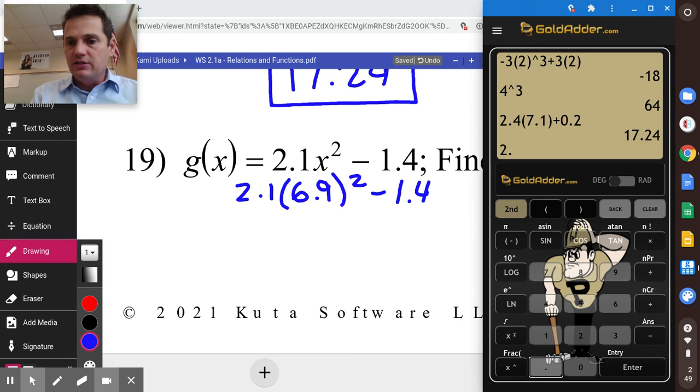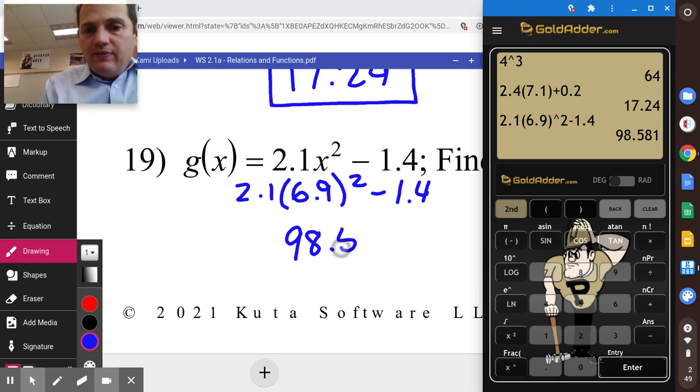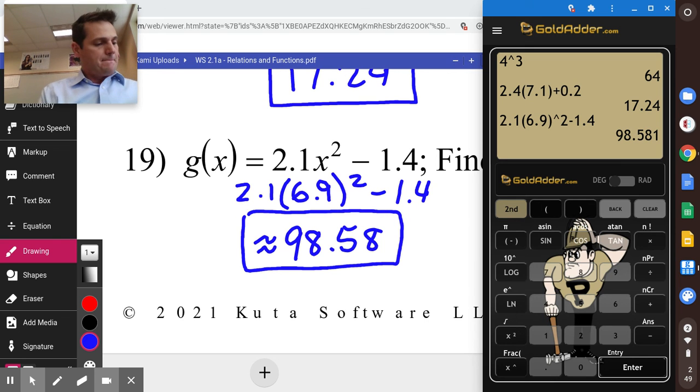I think it's way easier to enter stuff in. 2.1 times 6.9, close them and square it, minus 1.4. 98.581, but remember it said round to the nearest hundredth, so we're going to say 98.58. You might even throw an approximately on there since we rounded. But that's it.